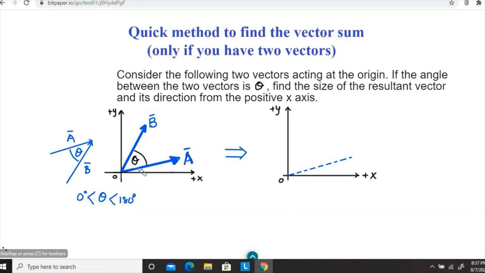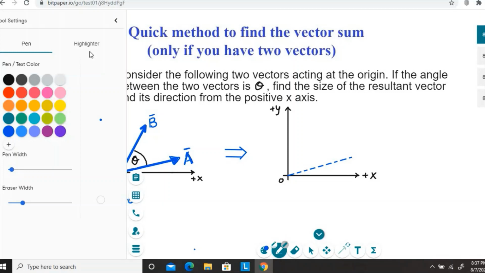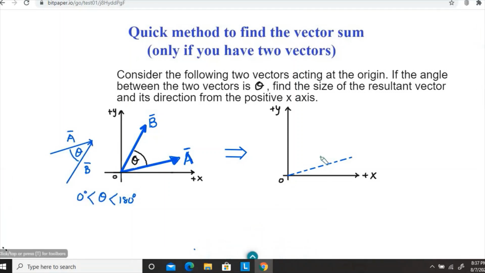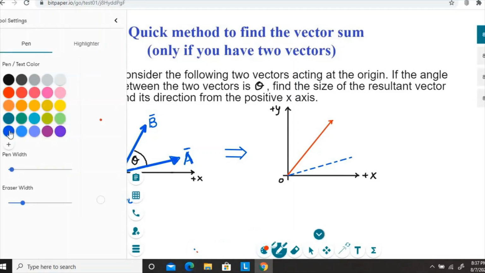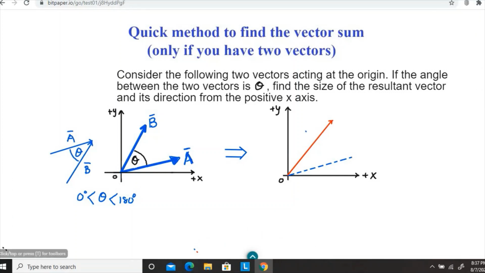So how do we find the resultant vector? Let me draw the resultant vector. Let's say over here the resultant vector is like this, and then we need to find its magnitude and its direction. So let me call it the R vector.